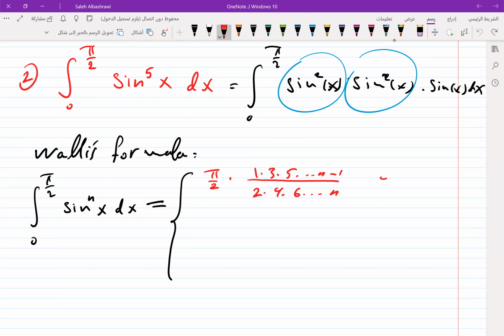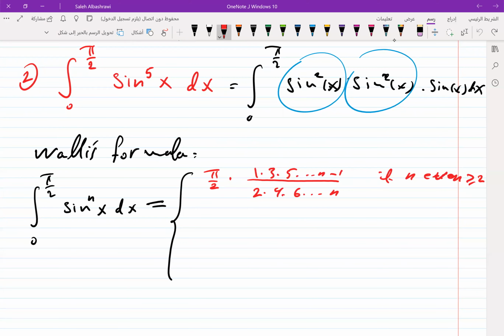This is if n is even, greater than or equal to 2. If n is an even number greater than or equal to 2, we can apply this one.